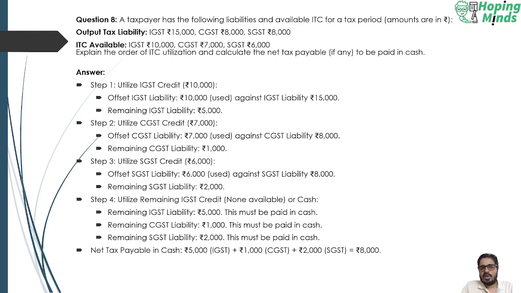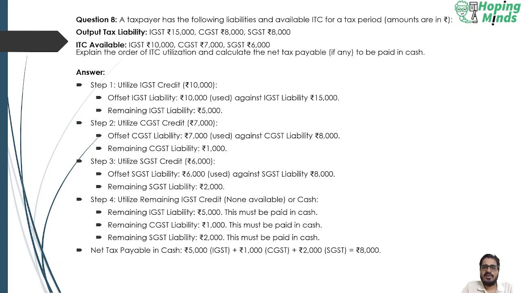So the offsetting rules clearly state that first the input tax credit under IGST has to be consumed. Next, inter-head adjustment of CGST and IGST is allowed. Then IGST and SGST is also allowed, but inter-head adjustment of CGST and SGST is not allowed.